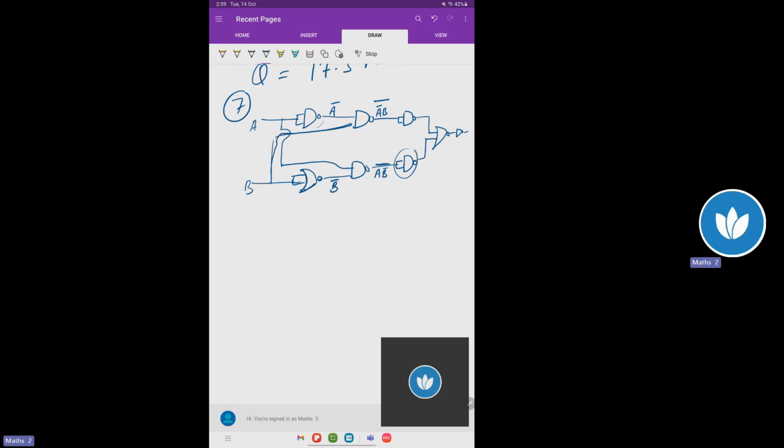Now this is a NOT gate. Output is A bar B and this is A B bar and this is NOR and NOT. So this NOT will cancel out and output will be A B bar plus A bar B. This is the output of XOR, exclusive OR. Option C.